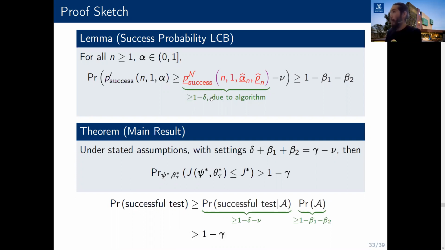So you have a 1 minus delta here minus this nu term. And then this gives you the 1 minus gamma under the particular choice of algorithm settings.